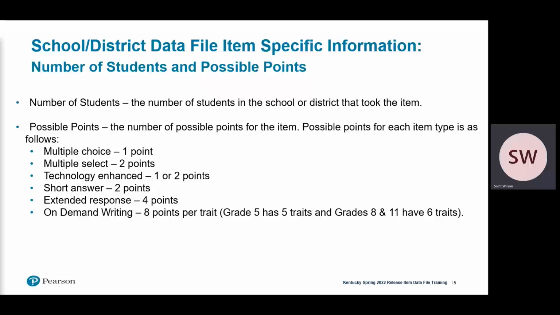These two scores are combined for a total of up to 8 points per trait. If the two scores are non-adjacent, meaning more than 1 point difference, then a supervisor will score the trait a third time to determine the score. Again, previously, the on-demand writing was not scored by trait, but we think the move to trait scoring will provide a lot more information on the student's score.